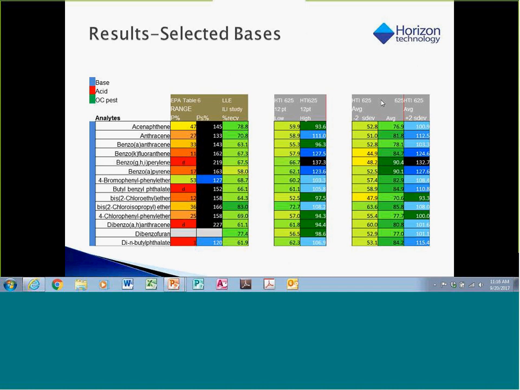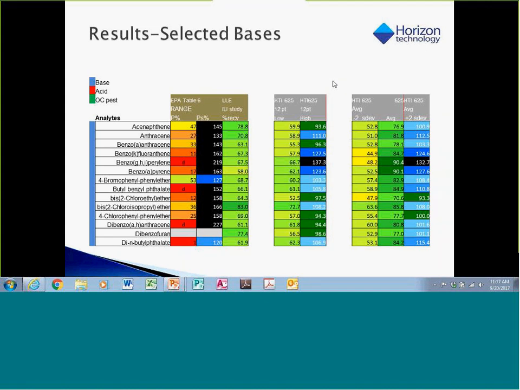Now, the colors are to help us more quickly identify how close we are to 100%. So the dark green is the closest to 100%, and then anything lower will move away from green to yellow, to orange, to red, and anything higher than 100% will move from light blue to dark blue and get to black eventually. So it's just a mechanism for us to help readily evaluate the numbers in the table.